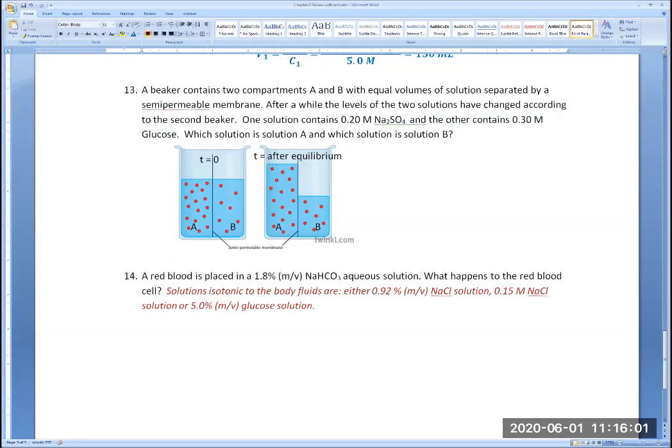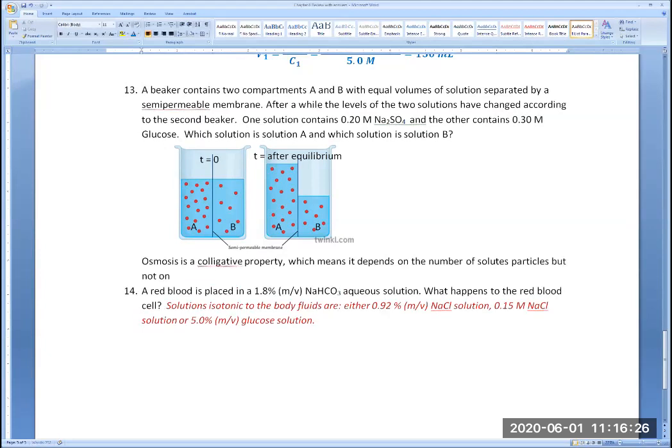Osmosis is what we call a colligative property. Let me write this. Osmosis is a colligative property, which means it depends on the number of solute particles, but not on the identity of the solute.